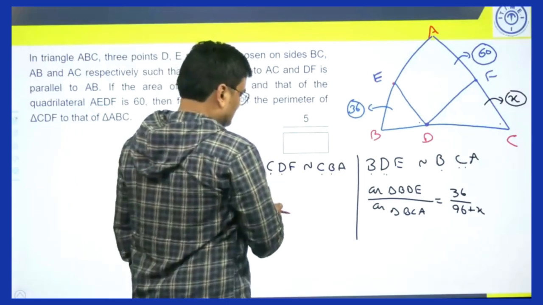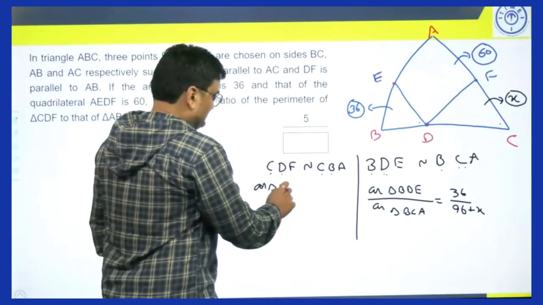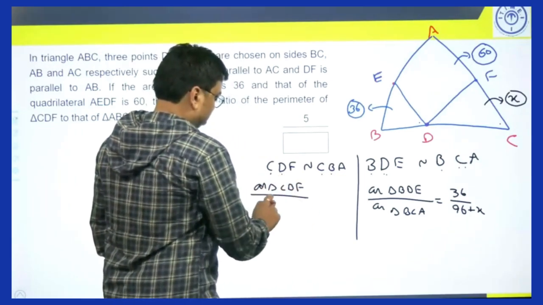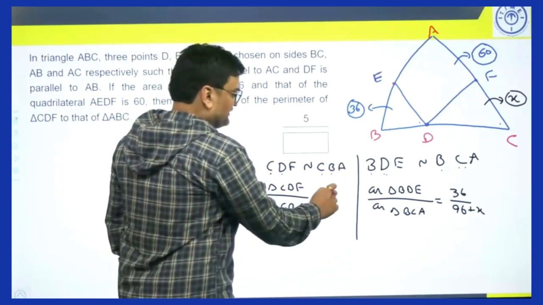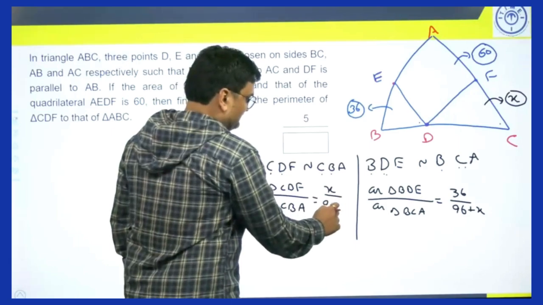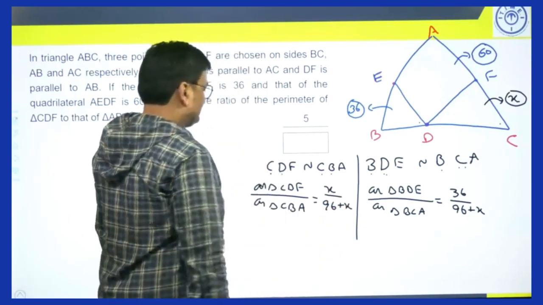Similarly here, what will be the area of triangle CDF to CBA? It is going to be x by the same 96 plus x.